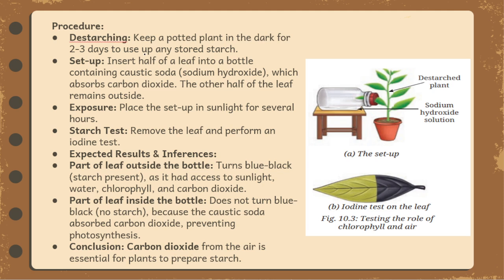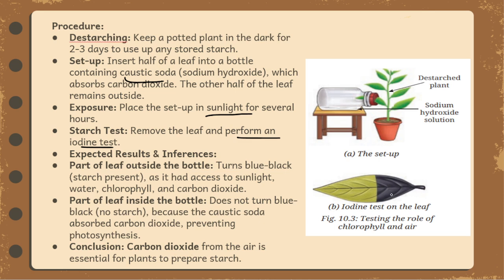Prepare a bottle of caustic soda, insert half of the leaf inside the bottle and half of the leaf outside it. Then the whole setup will be kept under the sunlight for a few hours. Then you have to detach that leaf from the bottle, remove it, and perform an iodine test on it.